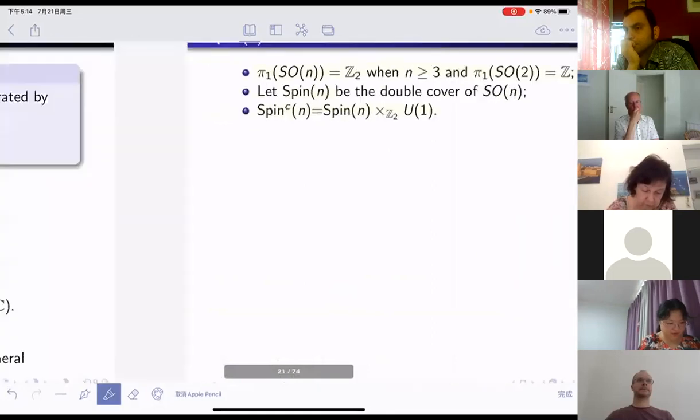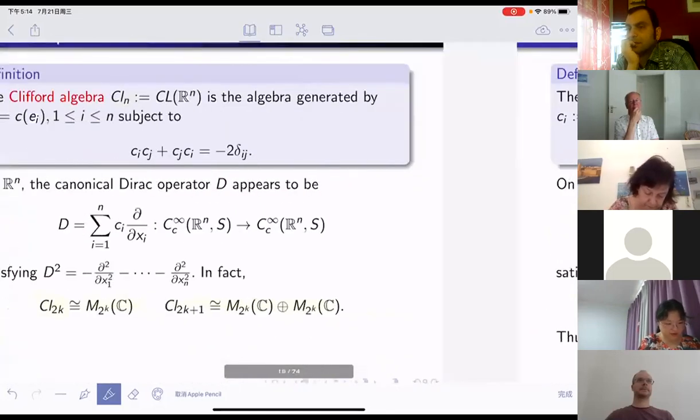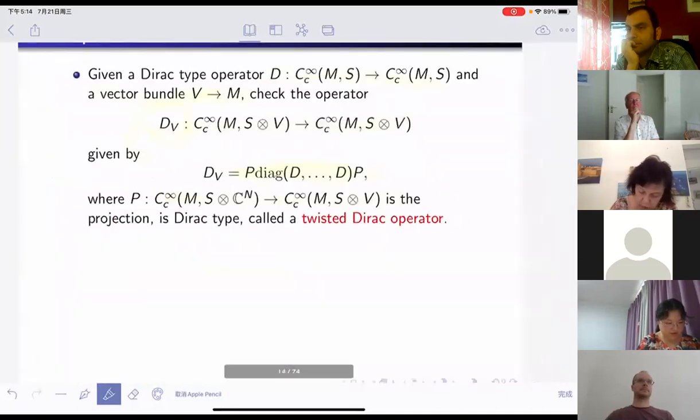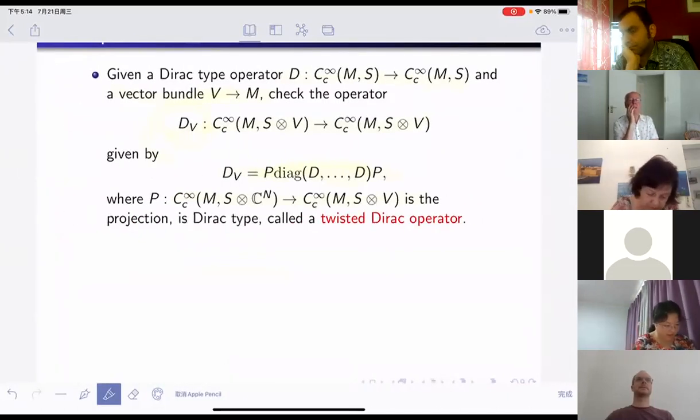Where is it? Slightly earlier. Yeah, here. Yes.